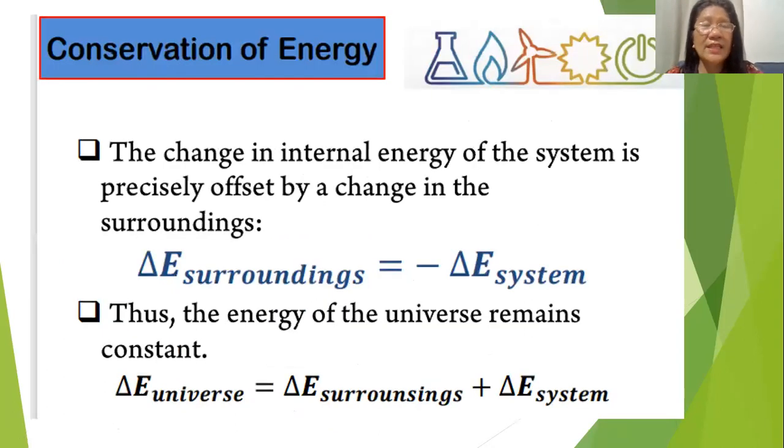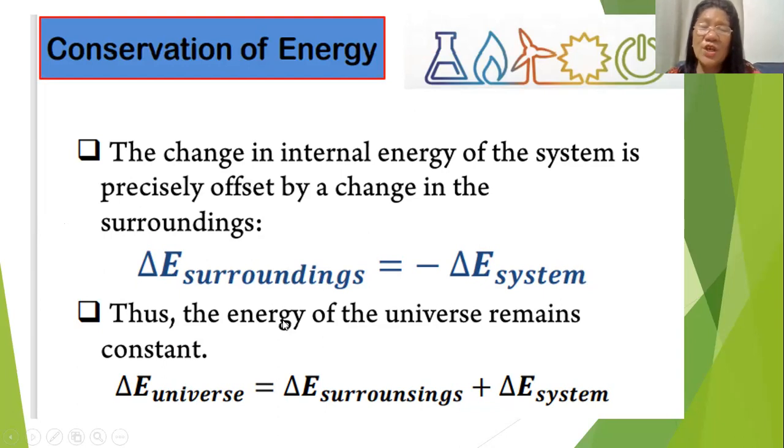So that is now our application of heat and work for solving for the energy. The change in internal energy of the system precisely offsets the change in the surroundings. So we can assume that the change in internal energy of the surroundings is equal to the negative of the internal energy of the system.